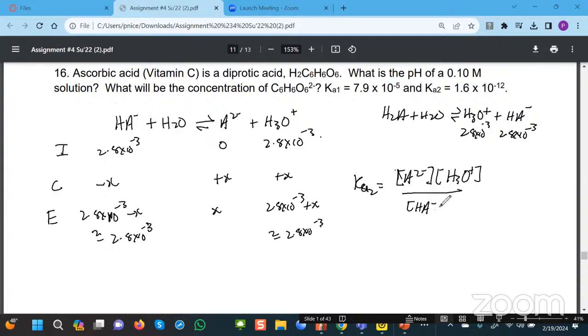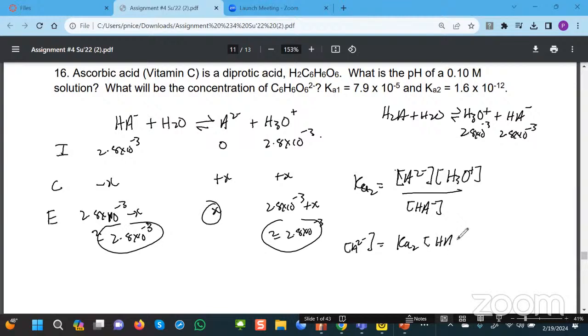Basically we're going to plug these terms into this equation. But the aim is to find A2 minus, so I'm going to rearrange it to get an expression for the A2 minus concentration, which is equal to Ka2 times the concentration of HA minus divided by the concentration of hydronium.